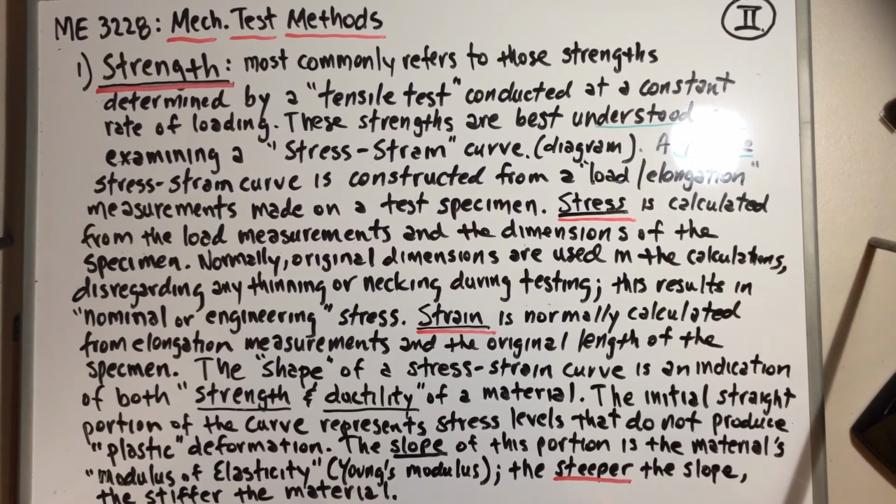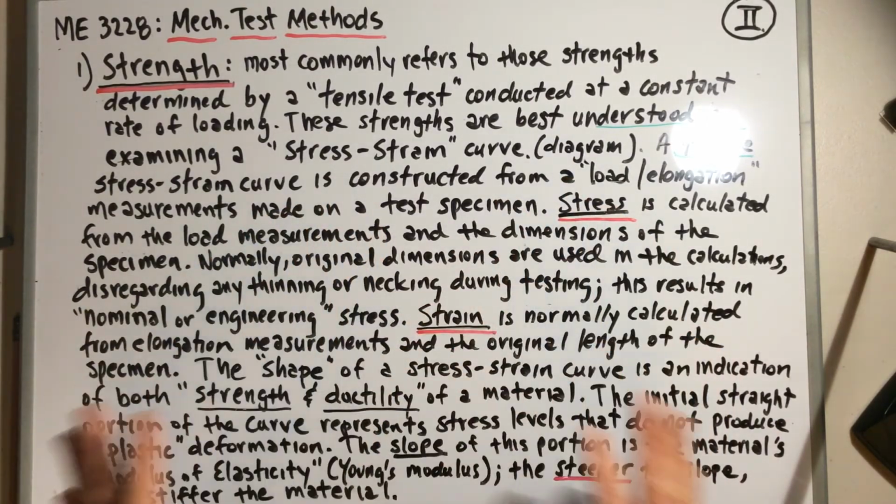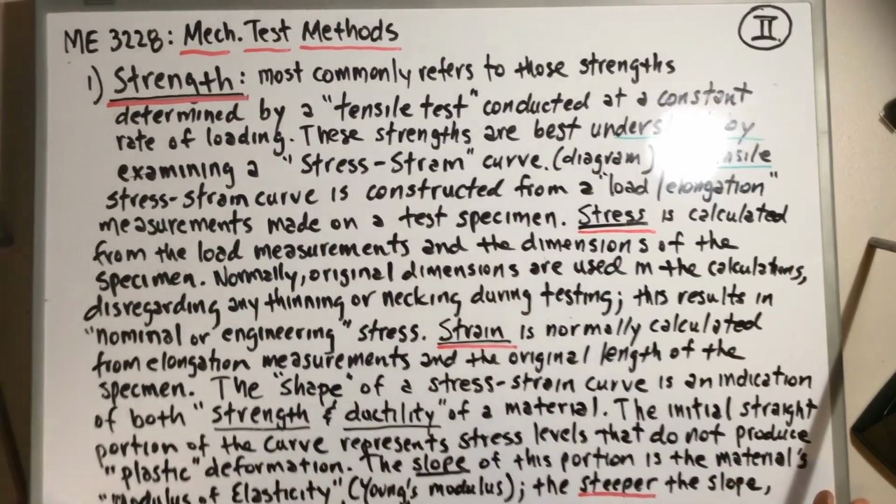Okay, and the thing you need to realize is that the steeper the slope, the stiffer the material. Okay, the steeper the slope, the stiffer the material. So that's kind of a summary of the test and the diagram. So let me give you some specifics on the test.